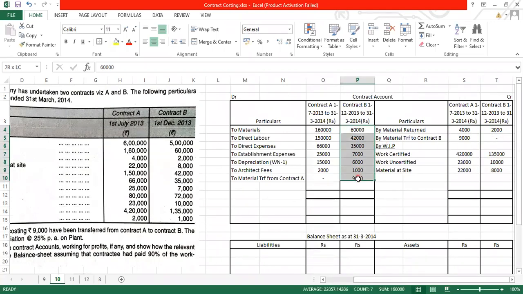And debit side, 1,60,000. So in B's case the debit side is higher than the credit side. So what has happened? There is a loss. This loss of 5,000 will be transferred directly to the profit and loss account only.